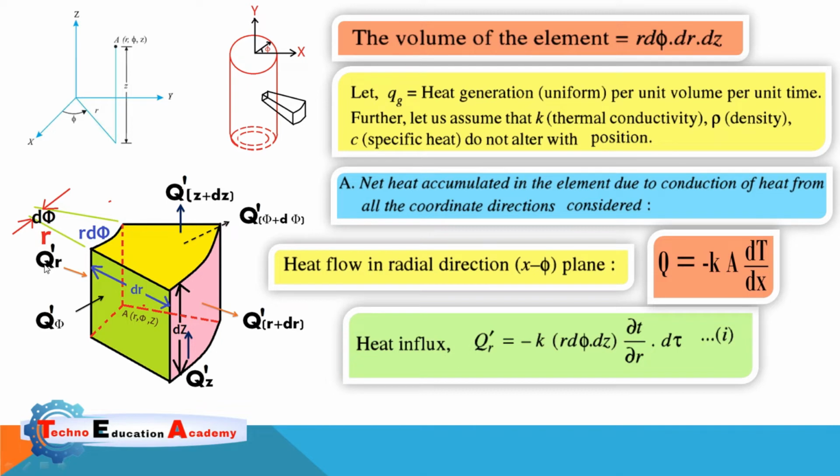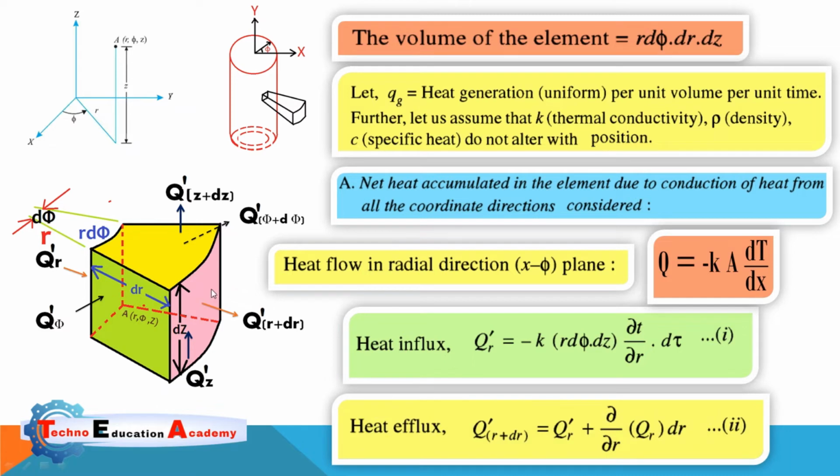Here, for heat flow in the radial direction Q'r, the perpendicular area has dimension r d phi dz. And dT by dx becomes del T by del r into d tau, because it is a function of time, so we consider time also. Instead of the temperature gradient, we write del T by del r into d tau. It is called equation 1.